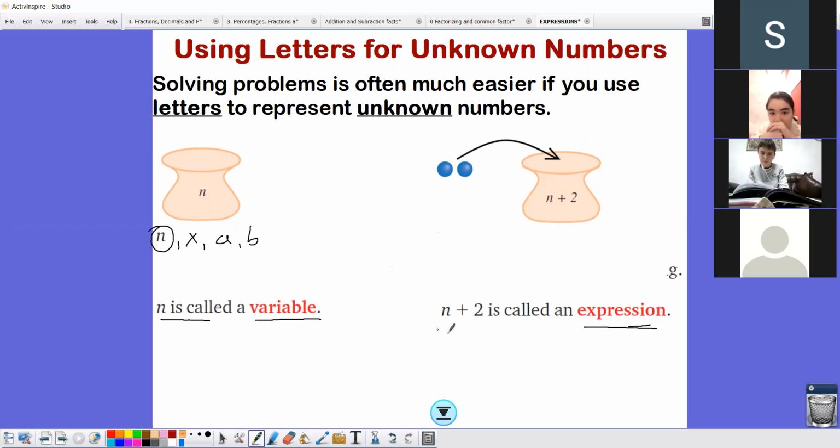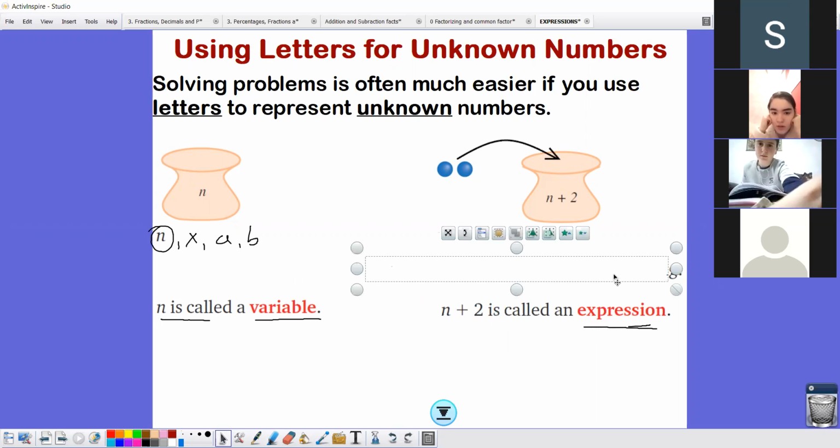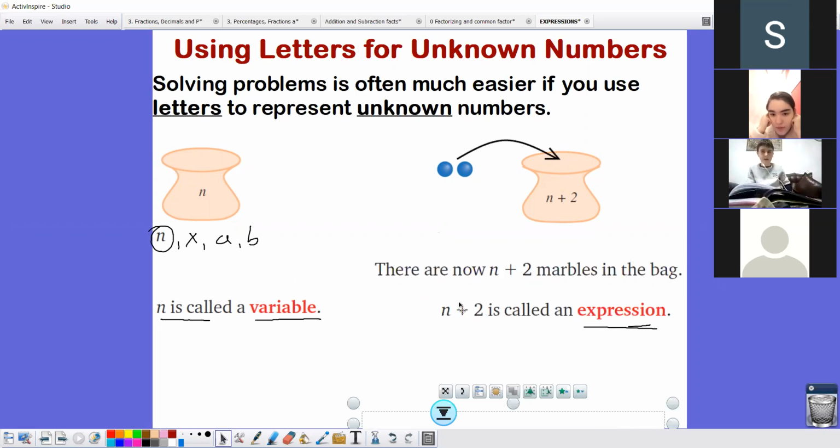Here it expresses that there were N balls and two more have been added. The N is the variable, and N plus 2 is called the expression, okay?